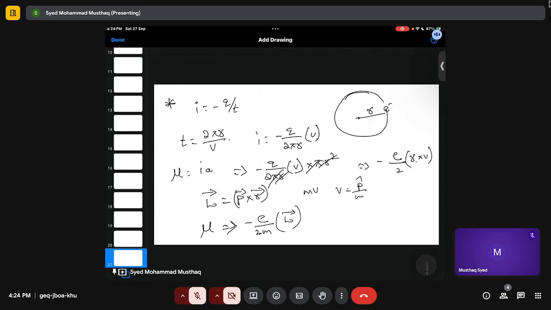What is my m? m is the mass of the electron. So this is coming from what? The electron revolving around the nucleus. And that's why we call it orbital angular momentum. This guy.